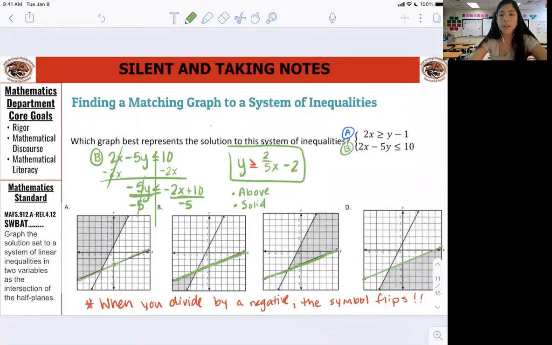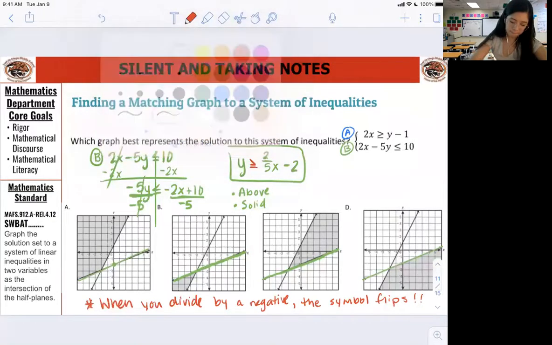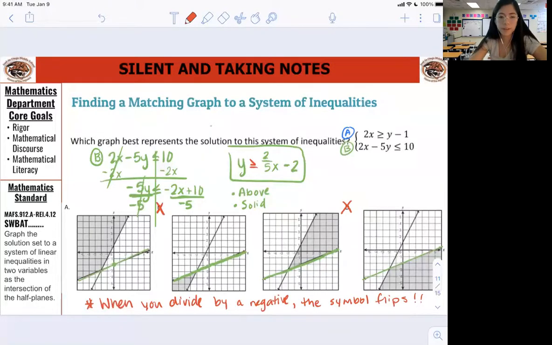Or at least we can eliminate some options. Out of my 4 options, which ones can I eliminate? Remember, it has to be above the green line. B, C, D. B and D. Good. B and D both go below, so we know it's going to be either A or C.